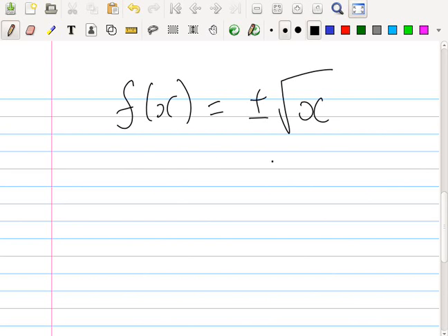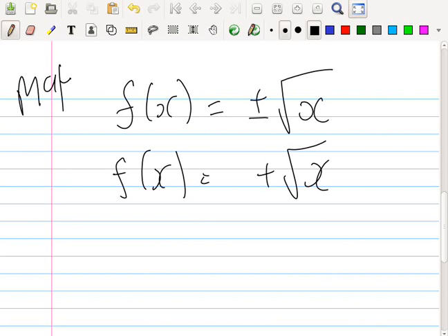If you want it to be a function, you have to decide if you're going to use a plus or a minus. Now it's a function. So here, this is an example of a mapping, and now this is an example of a function. So, all functions are mappings, but not all mappings are functions.